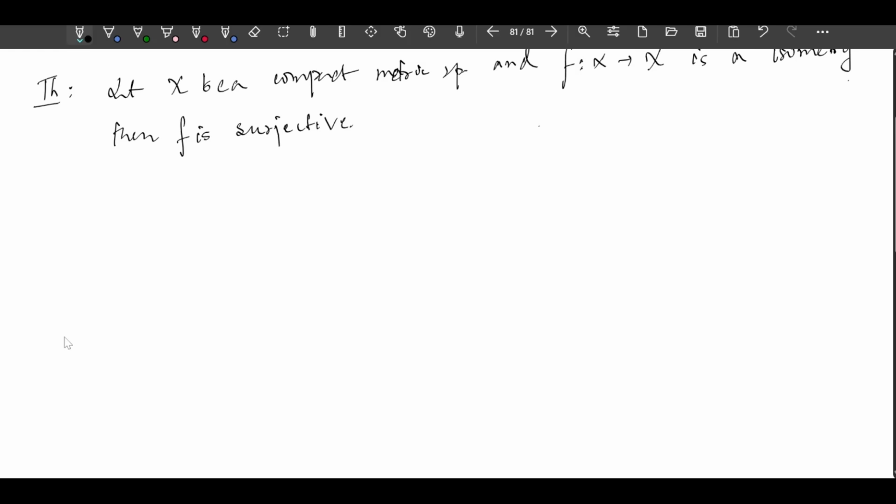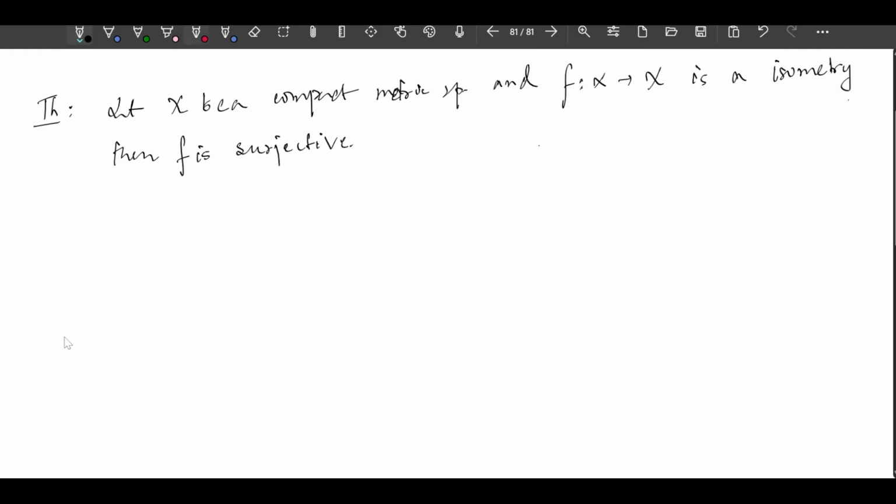Now before that, recall the definition of isometry.